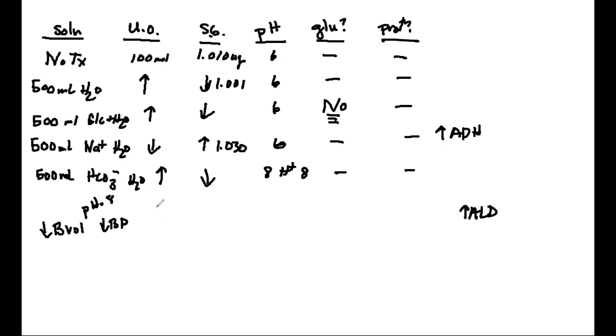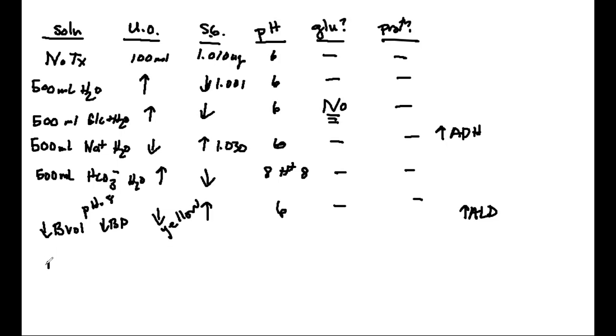So would you pee out water or would you hold on to it? Good, you're going to hold on to it so urine output drops. Specific gravity is going to go up. Does this affect pH? Nope. Glucose? No. Protein? No. Okay, good. If urine output is less, what is the color of that urine? Good, it's probably dark yellow.